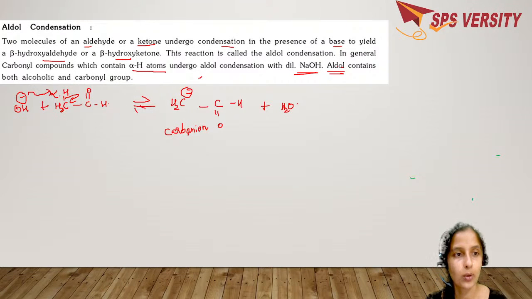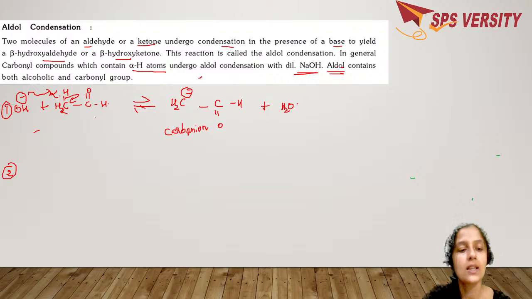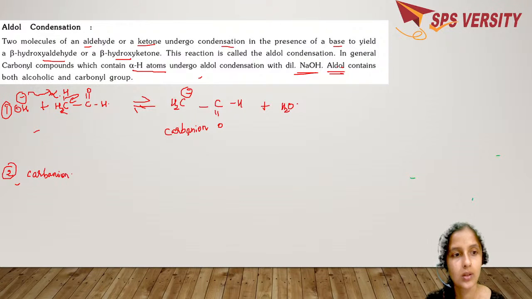So the base abstracts a proton. This is the first step, the generation of the carbanion. In the second step, this carbanion attacks one more aldehyde molecule.